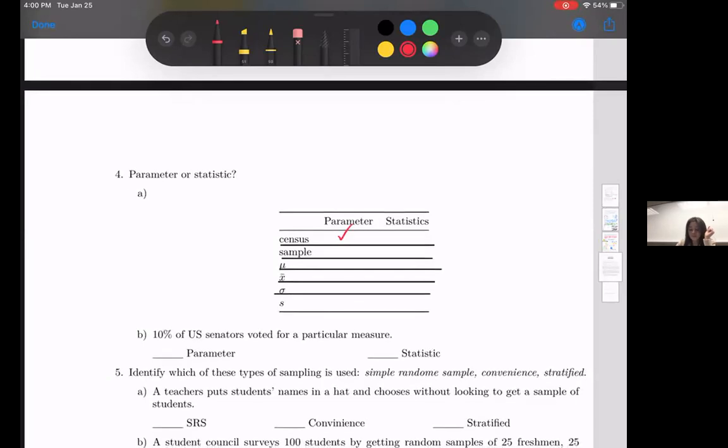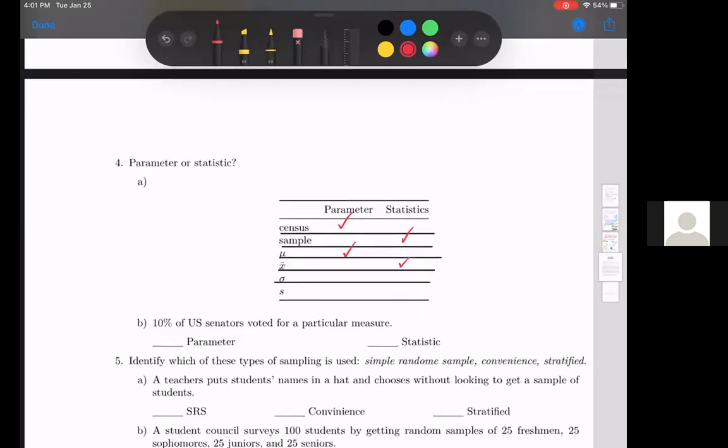Sample. Well, statistic, right? Mu. Statistic? No, mu is a parameter. Remember, if it's something that sounds mysterious, like a Greek letter, it's going to be a parameter. It's going to be population. X bar: statistic.